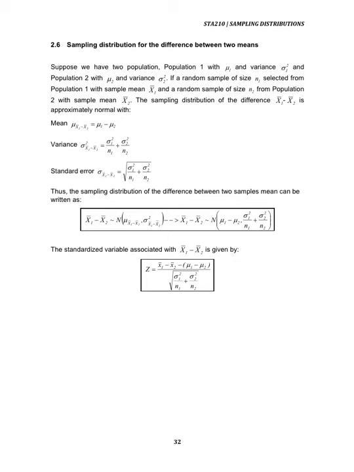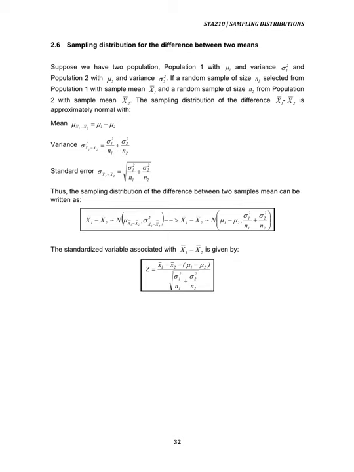Suppose we have two populations: population 1 with mu1 and variance sigma 1 square, and population 2 with mu2 and variance sigma 2 square. Okay, and then a random sample of size n1 is selected from population 1 with sample mean x bar 1, and a random sample of size n2 from population 2 with sample mean x bar 2.